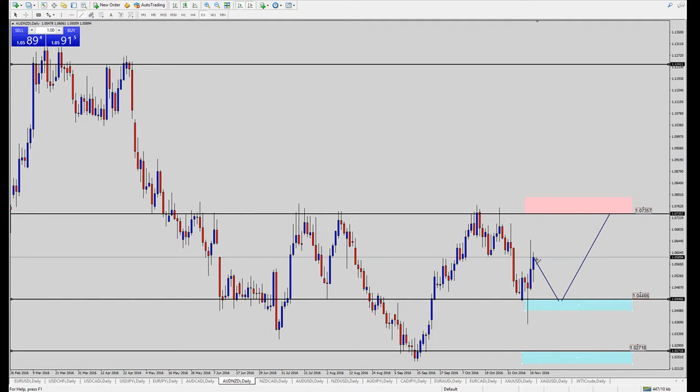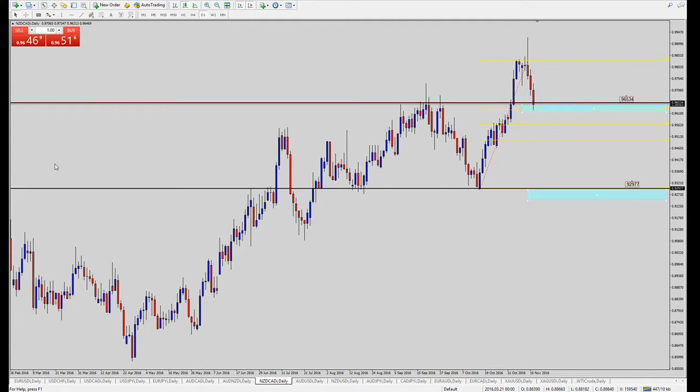Or if it continues upwards to this resistance point, I'm looking for bearish confirmations. If we get those, we have a movement down to these lows, these highs, or even lower to the 1.04466 zone.